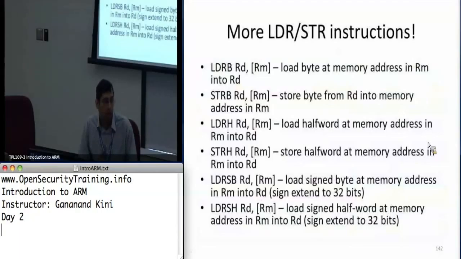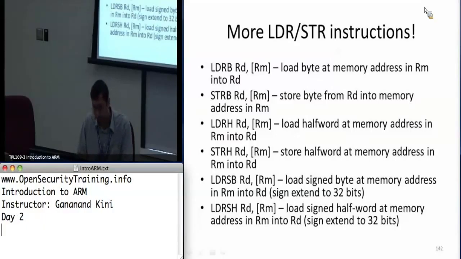So I think somebody asked yesterday whether we can also load bytes, half words, and other sizes of data into our registers, and the answer is we can. You have LDRB and STRB, where you can load and store a byte at a time at the destination address, and this allows you to do some non-aligned accesses to memory.